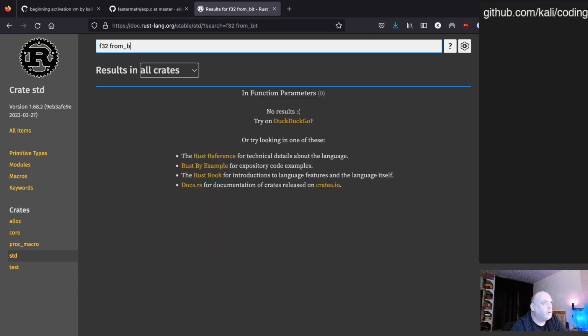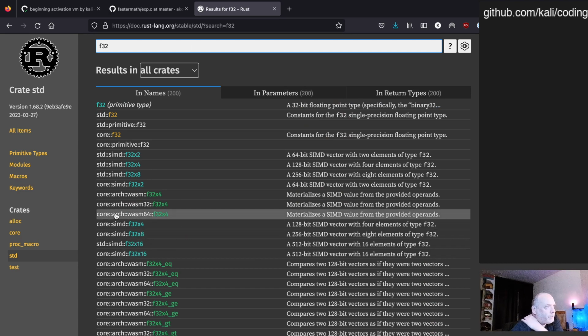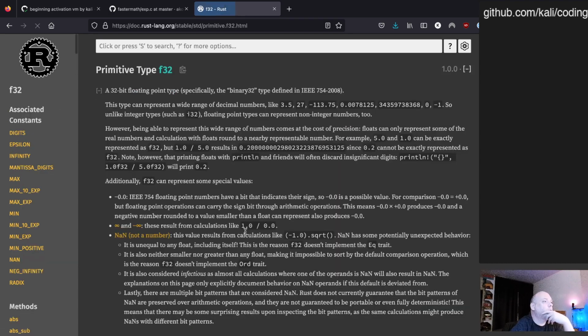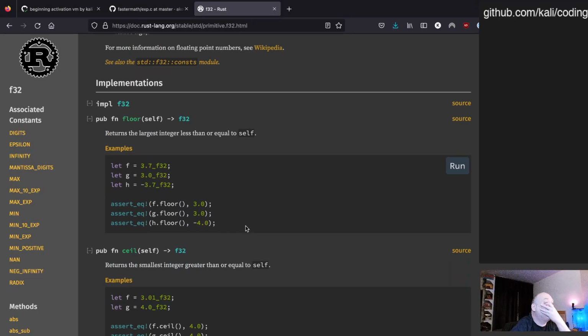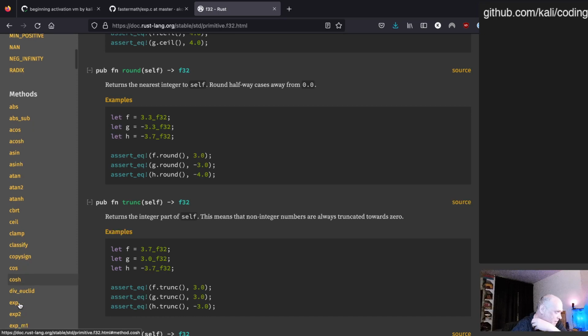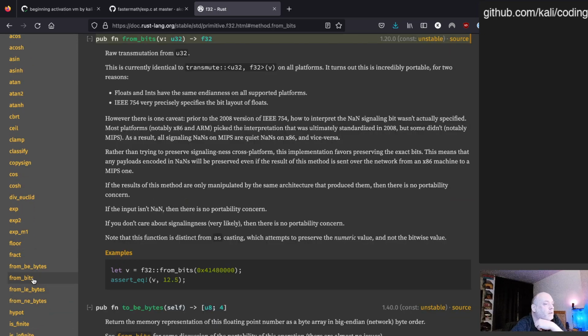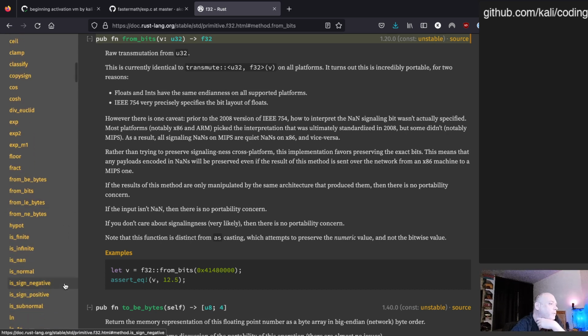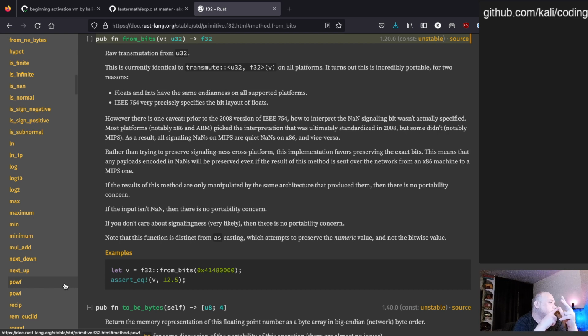Floor, round, yeah, more than a couple of them. From bits, that's transmutation from U32. It's not what I'm looking for. I'm looking for a function that splits the float into its signum, its mantissa, and its exponent.